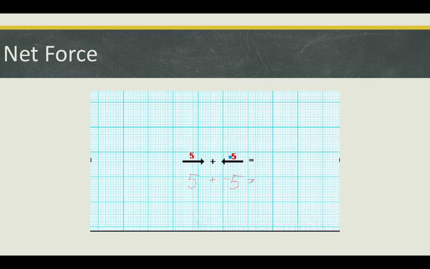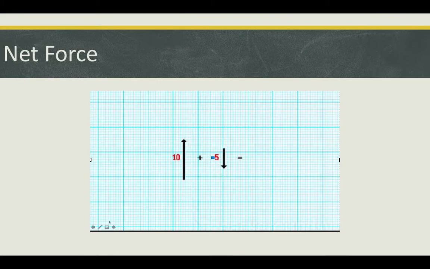So 5 plus negative 5 will give us an answer of 0 as our net force, and that is the magnitude. But we also need to always show direction, but in this case, since it is 0, there is no resulting direction.